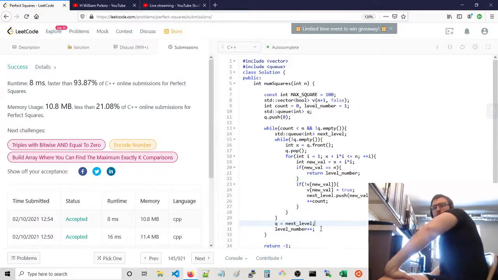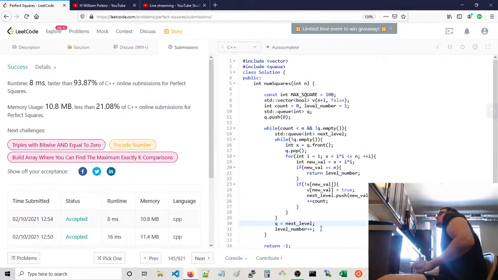There's a few ways to do this possibly, but if you could push pairs onto the queue, and the pairs have the level number associated.